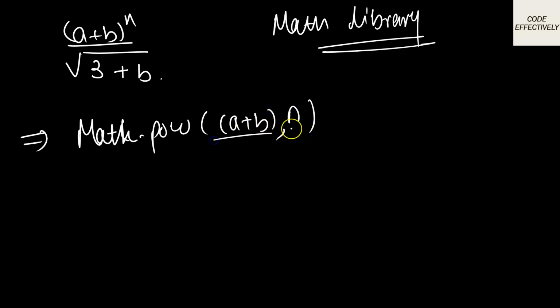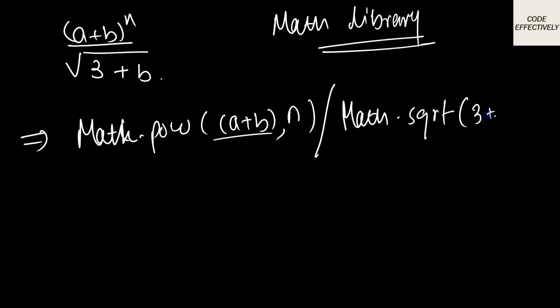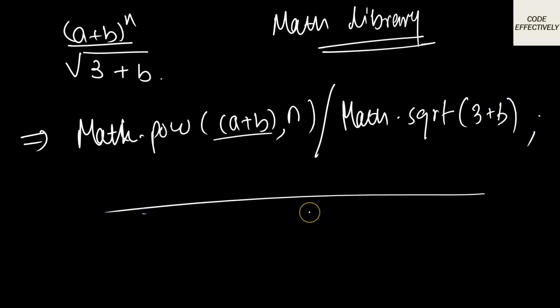Divided by, and now we will use Math.sqrt to get the square root of 3 plus b. So we will put this and it's simple.